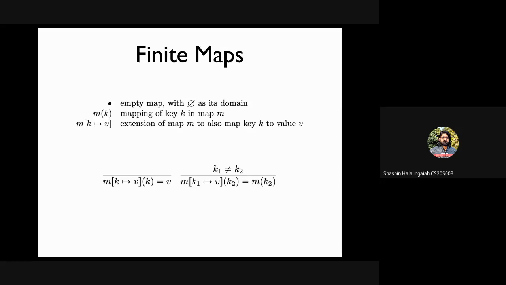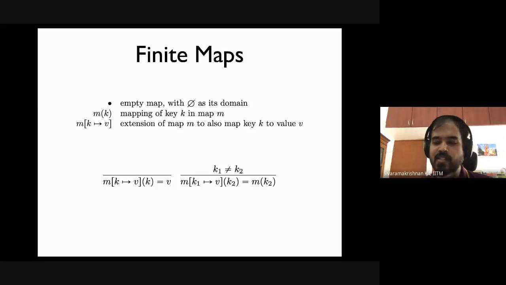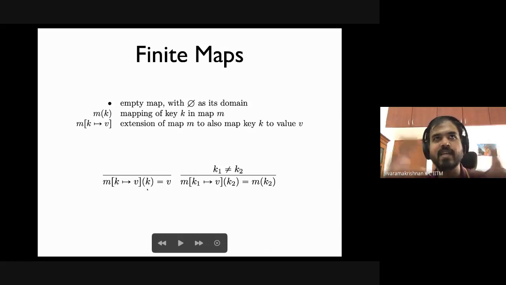Yeah, so it's not just theoretical, right? You can encode maps in a variety of different ways. Say I use a list of pairs of a key and a value, and the extension is just consing to the head. When you want to look up in this structure, you first match the head.